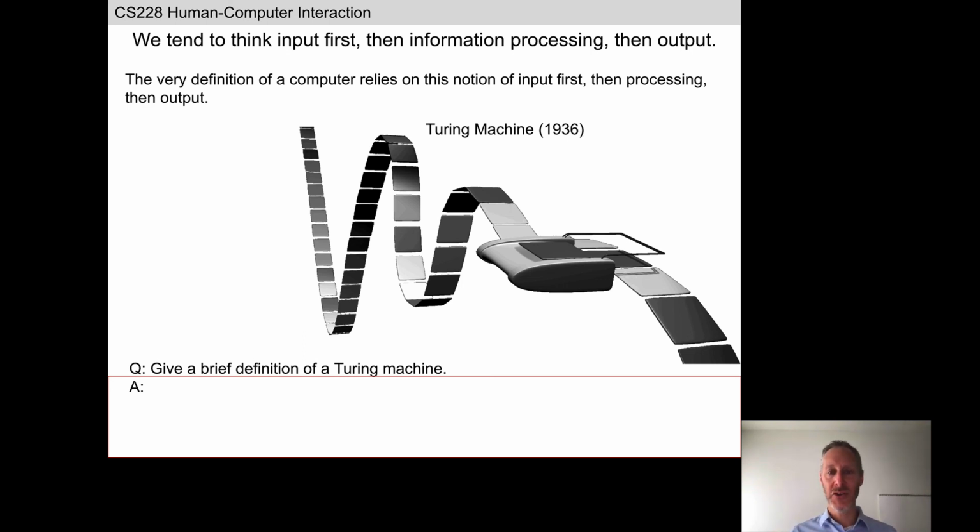For many people, the Turing machine was not a passive machine that would sit there and receive a tape. For some people, it was the Turing machine that moved relative to the tape. It might seem like an arbitrary distinction, but given what we've said over the last few minutes, a passive machine sits and waits for the tape to pass by. An active machine moves relative to the tape.